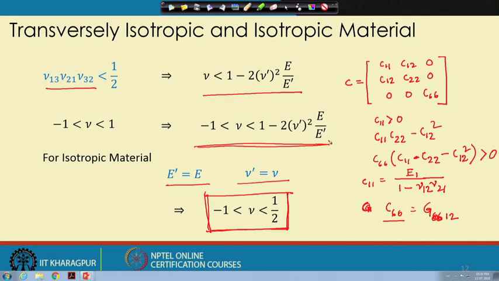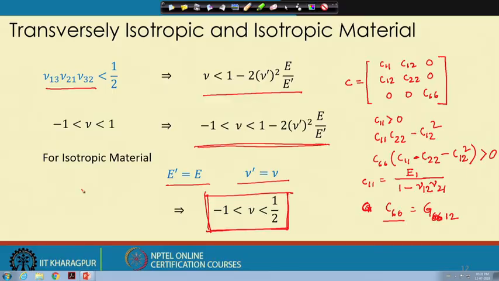For the orthotropic material, the product of 3 Poisson's ratios should be less than half, and the mod of nu ij should be less than Ei by Ej to the power half. So this condition is also implied.